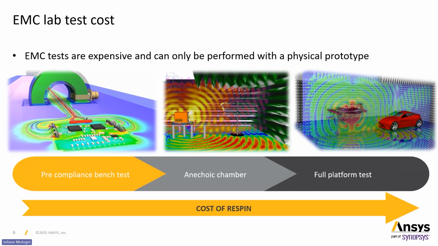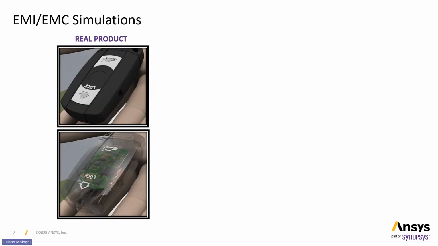So, whenever you have to go to a lab to certify your product, it's much better if you have lots of confidence, if you have evaluated everything, all the what if scenarios, then you go with confidence and you pass the first time that you go to the lab. You don't want to go and fail, and you have to redesign your product, add some chokes and change cables, connectors, and even worse, redesign the PCB. That can cost a lot of money and time.